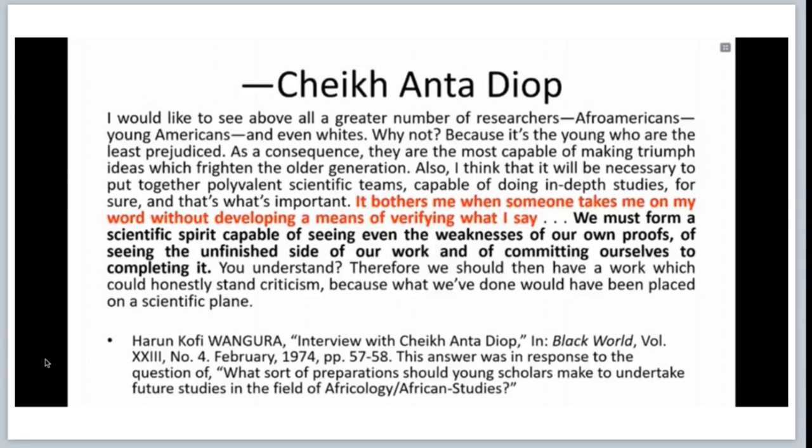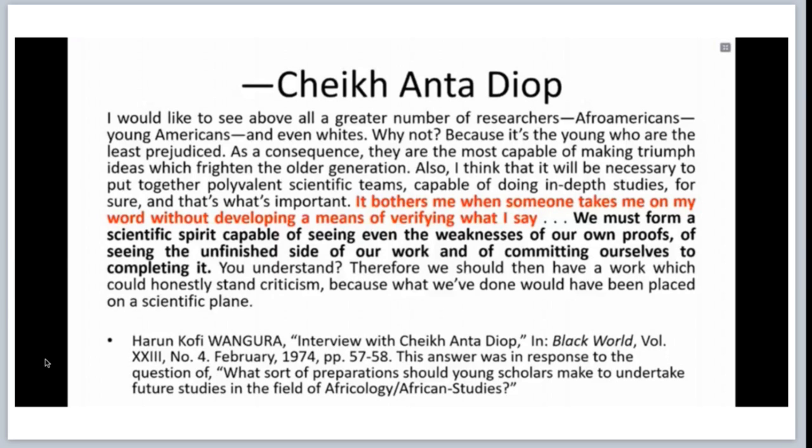And that's what's important. It bothers me when someone takes me on my word without developing a means of verifying what I say. We must form a scientific spirit capable of seeing even the weaknesses of our own proofs, of seeing the unfinished side of our work and of committing ourselves to completing it." You understand? And then he goes on.